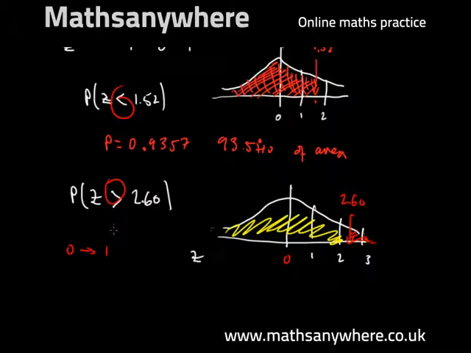The area there would be for Z less than 2.60, or 2.60 being greater than the Z value, the probability of the outcome falling to the left of the threshold point.